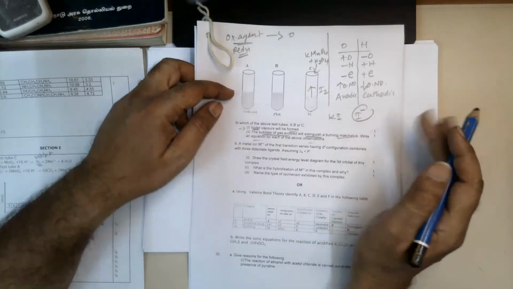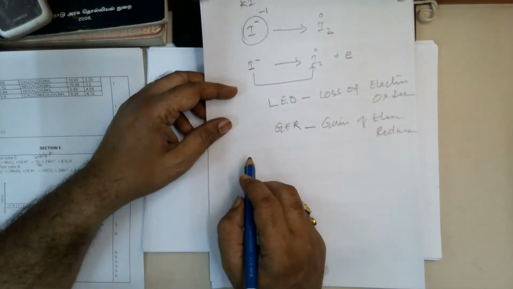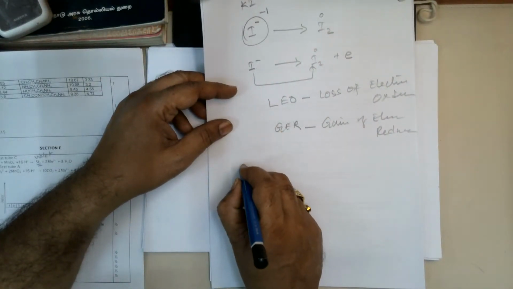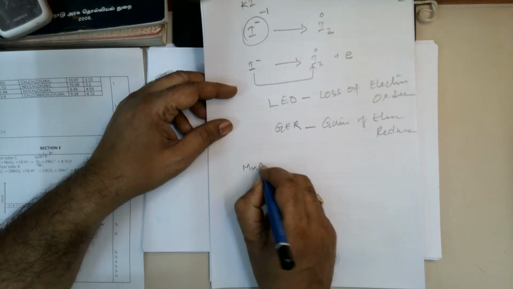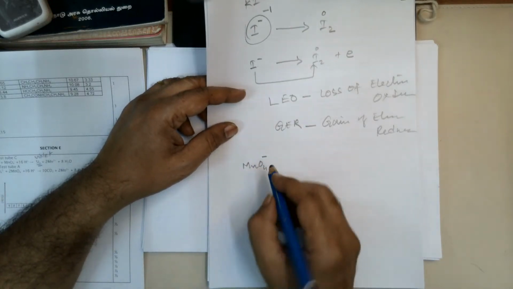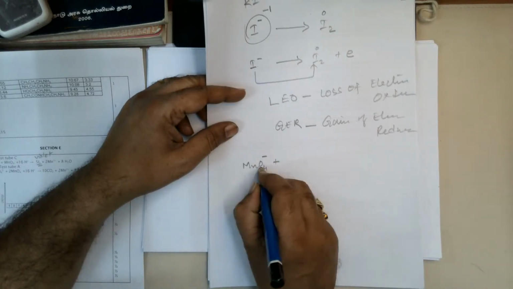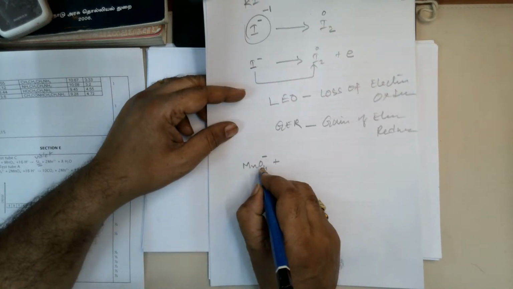Right. Now let us establish the reaction. So this is KMnO4. We can represent it in ionic form also: MnO4 minus, and then plus H plus, because it is acidified, is it not?